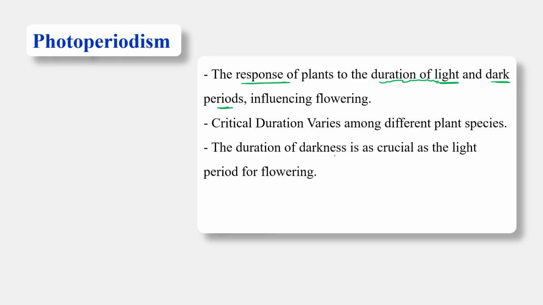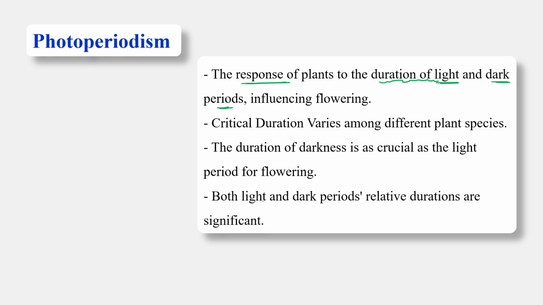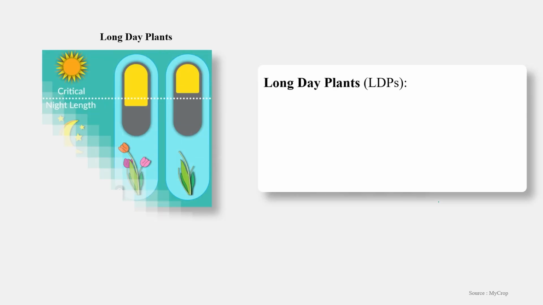The duration of darkness is as crucial as the light period for flowering. Okay, so the relative duration of both light and dark periods is significant. So we can categorize plants into two different categories, long day plant and short day plant.